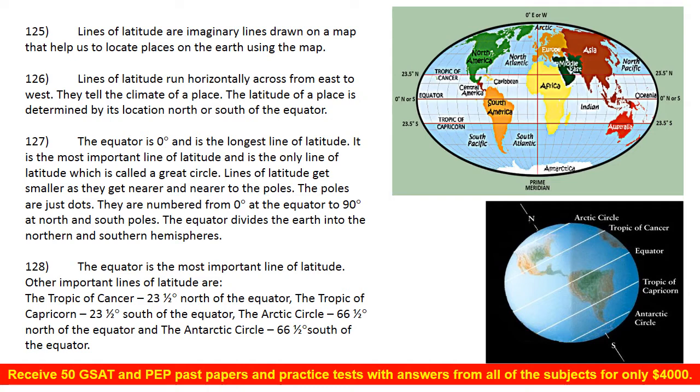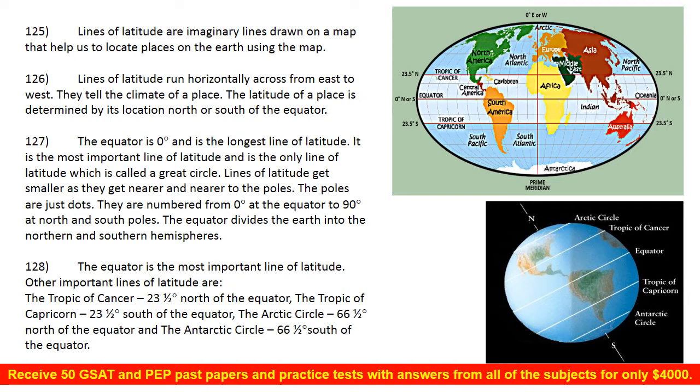The poles are just dots. They are numbered from 0 degrees at the equator to 90 degrees at the north and south poles. The equator divides the earth into the northern and southern hemispheres.